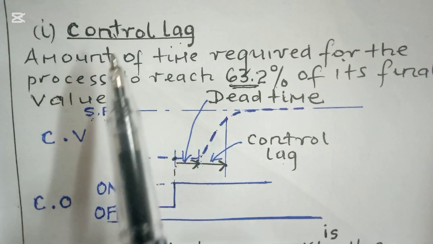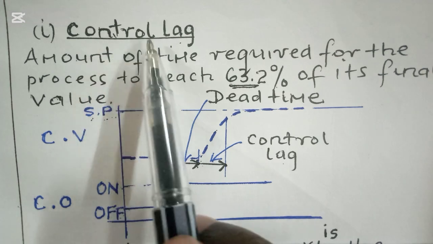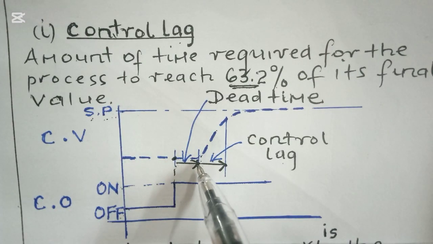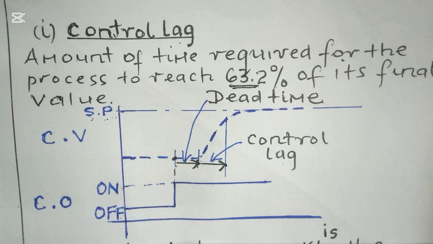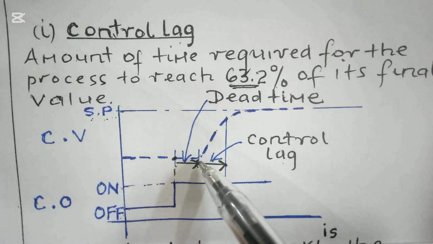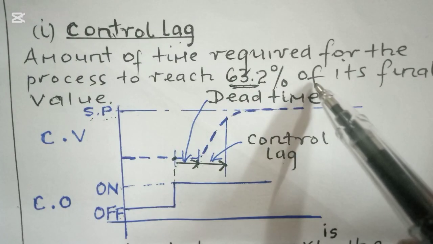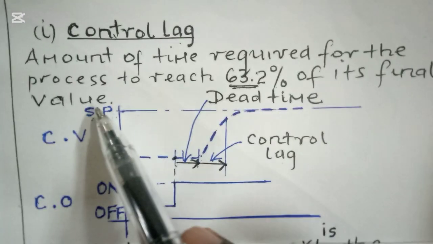And so therefore guys, when we talk about the control lag, we are saying that at the moment it begins to respond, there is the time that will be taken for it to reach just before the set point, and that is 63% of its final value.